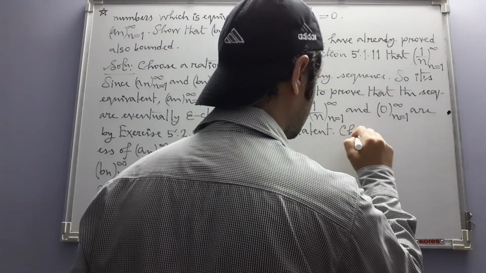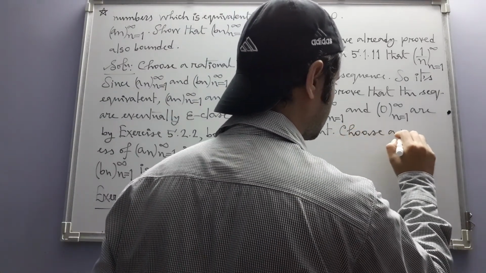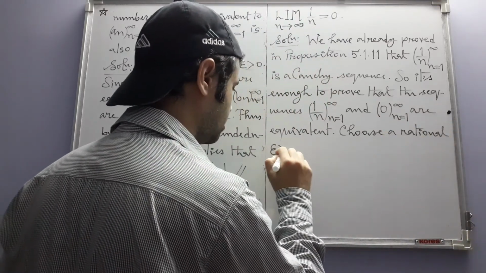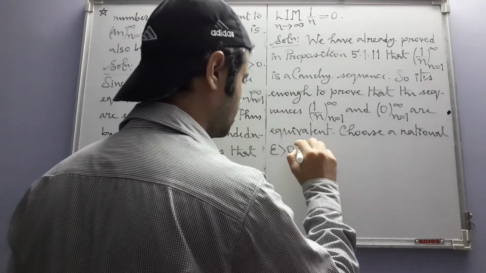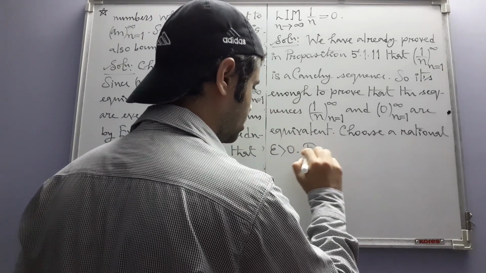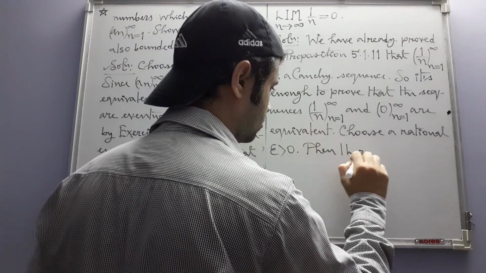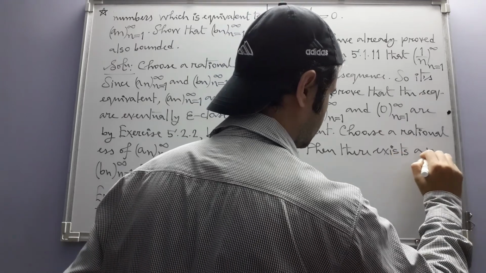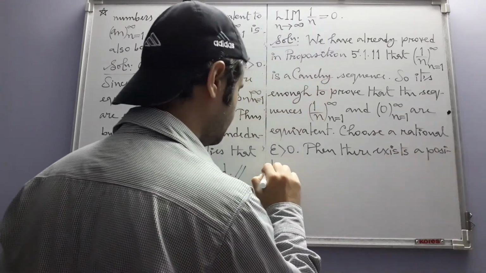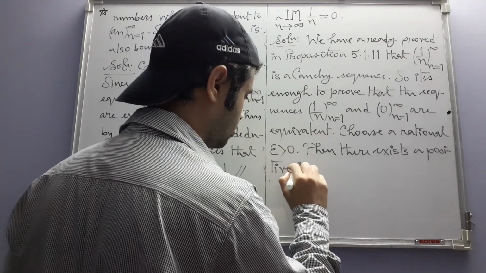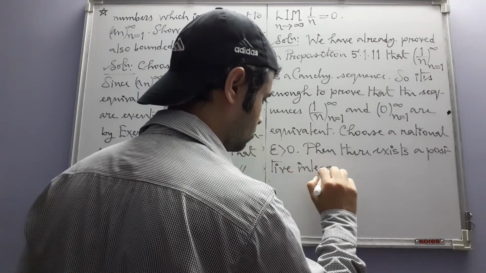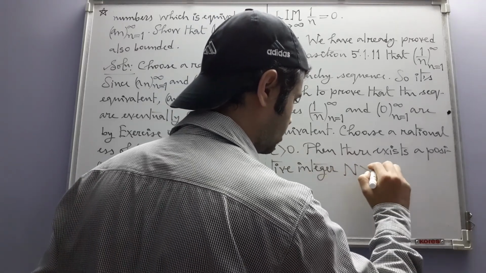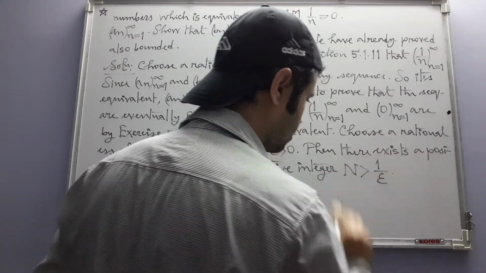Choose a rational epsilon that is positive, then there exists a positive integer N greater than 1 over epsilon.